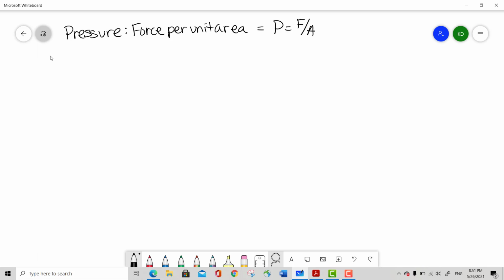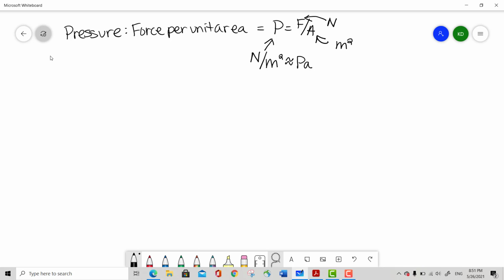And this is in newtons, again, SI units, per meters squared, or pascals, right?